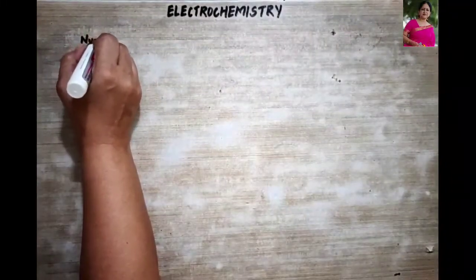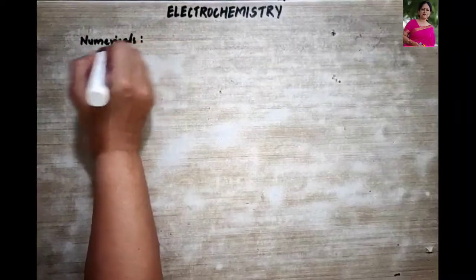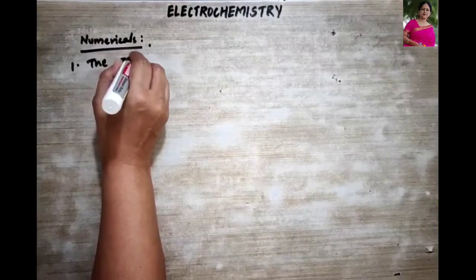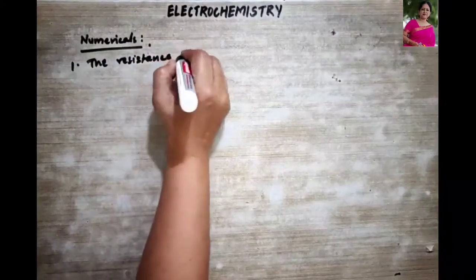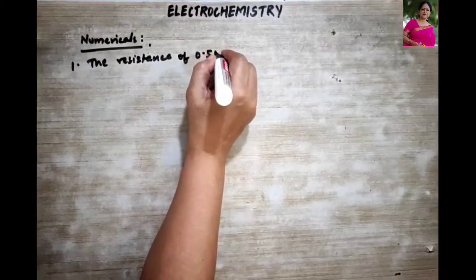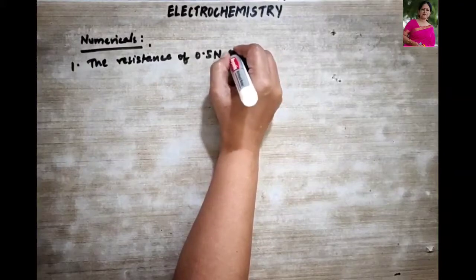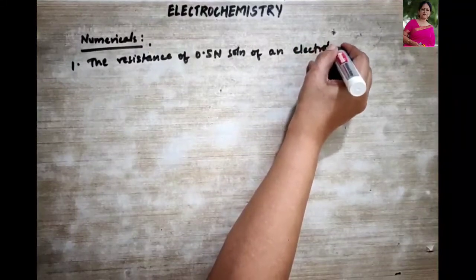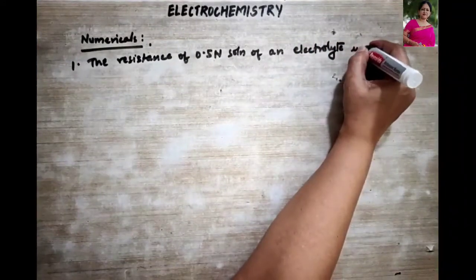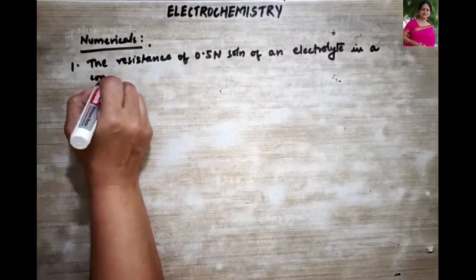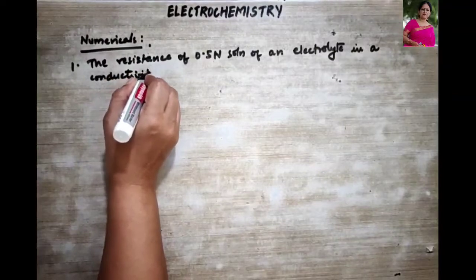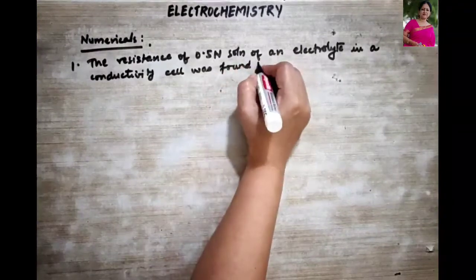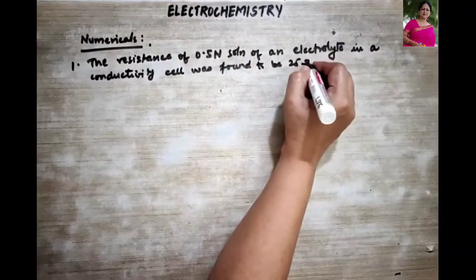Now let us do some numericals based on them. So the first question goes like: the resistance of 0.5 N solution of an electrolyte in a conductivity cell was found to be 25 ohms.